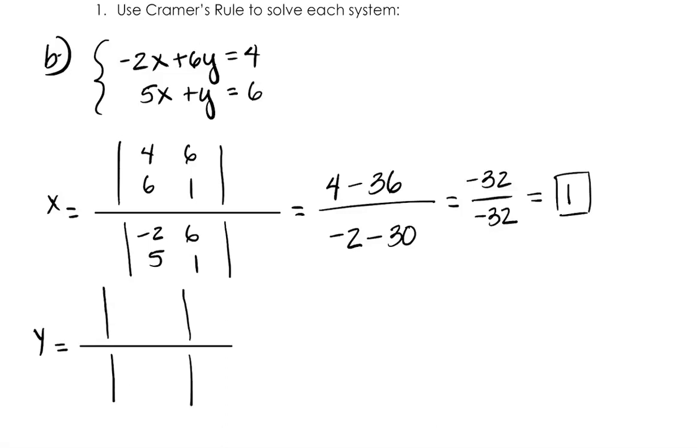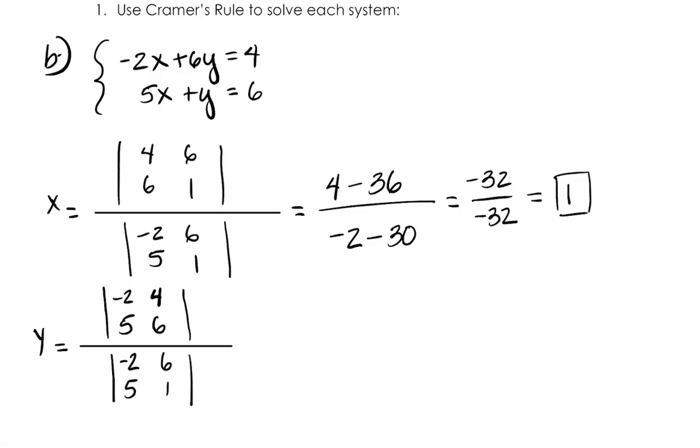To find y, we are going to take the coefficients of x and put them in the first column. And since we are trying to find y, we are going to take the solution values and put them in the second column. We are going to divide that determinant by the determinant of the system as we did before.